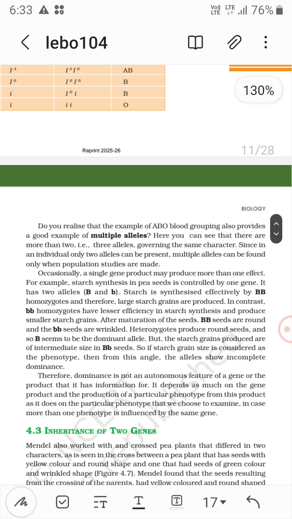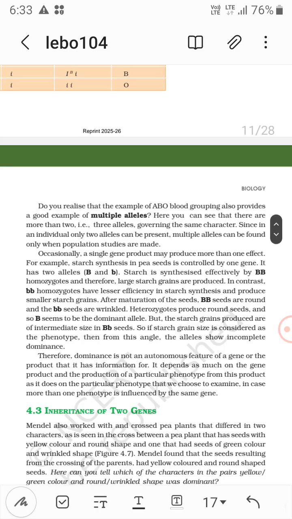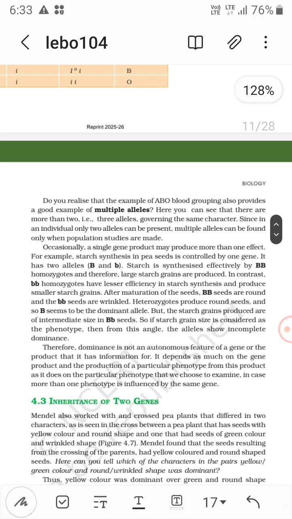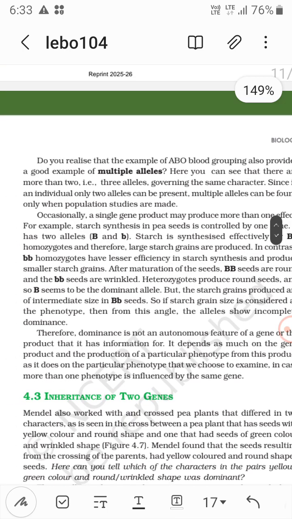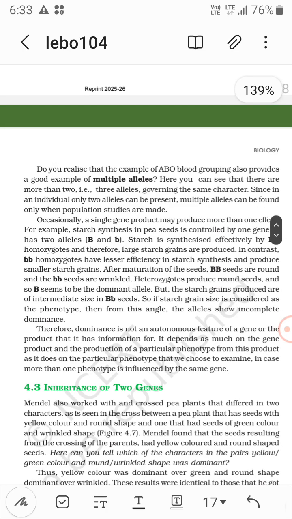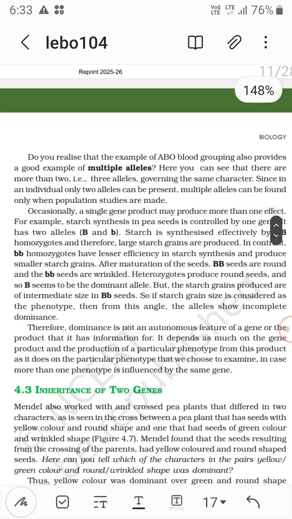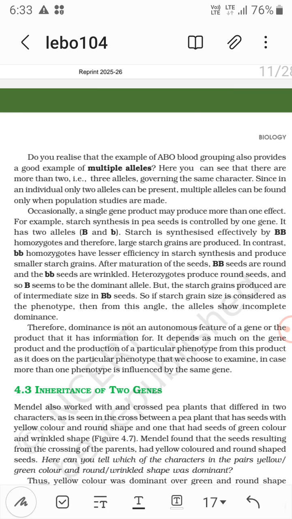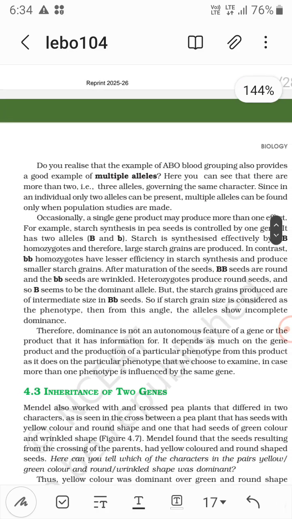After maturation of the seeds, capital B seeds are round and small b seeds are wrinkled. Heterozygotes produce round seeds, so B seems to be the dominant allele, but the starch grains produced are of intermediate size in Bb seeds. So if starch grain size is considered as the phenotype, then from this angle the alleles show incomplete dominance. This is a second example of incomplete dominance, starch grain size.